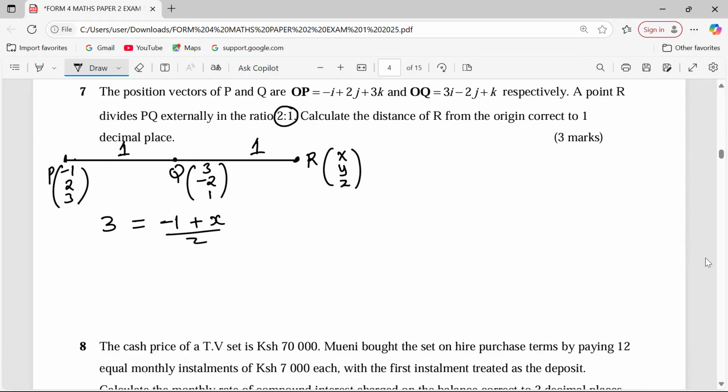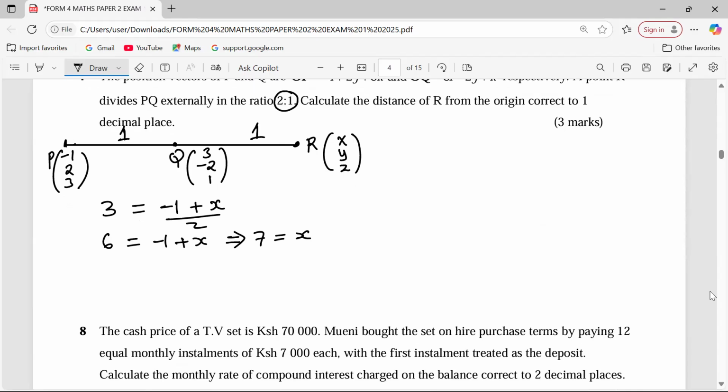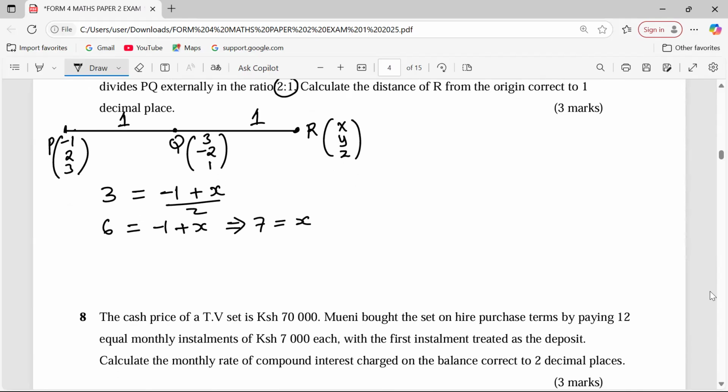So this is 6, -1 plus X. To remain with X here, we shall have this one being 7, because we are taking -1 to the left, like that. Then we are having 2.